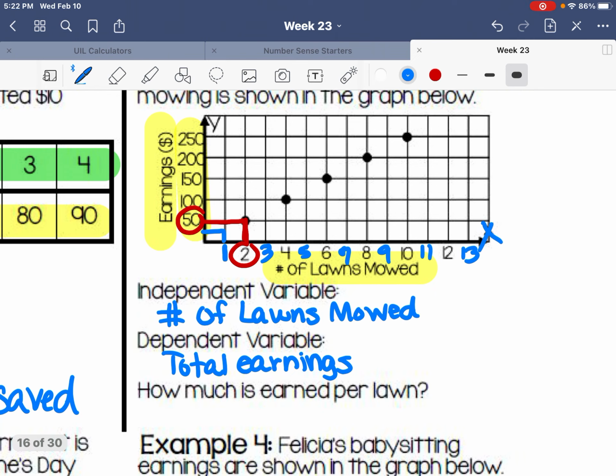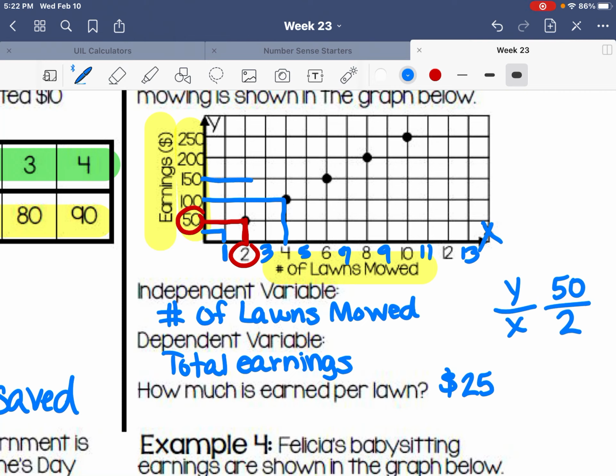Another way to find out the unit cost or the unit rate, how much it is for one, is to take your y value and divide it by your x value. In this case, there's a y value of 50, and we divide it by the x value of 2, and that gives us 25. And that'll work with any one of these because this y value is 100, and this x value is 4. 100 divided by 4 is also 25.